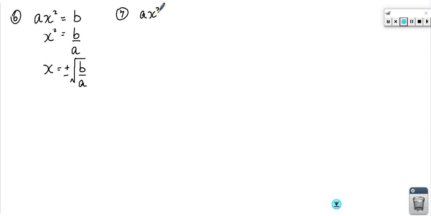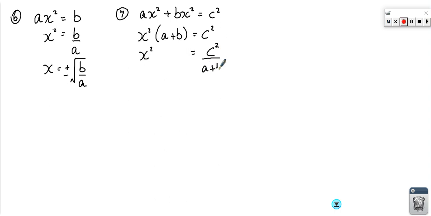ax squared plus bx squared equals c squared. I need to make x subject of the formula. First of all, I'm going to take out x squared as a common factor. Taking out x squared, I get a plus b equals c squared. So x squared is c squared all over a plus b.